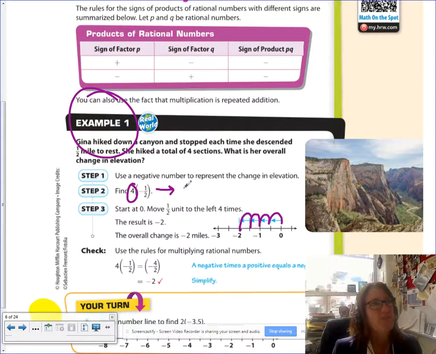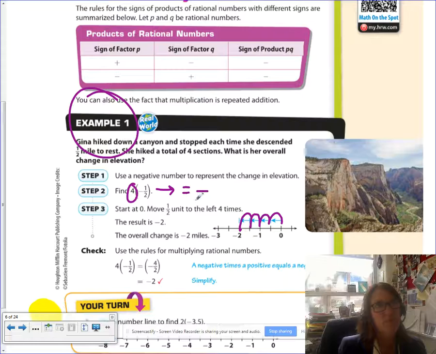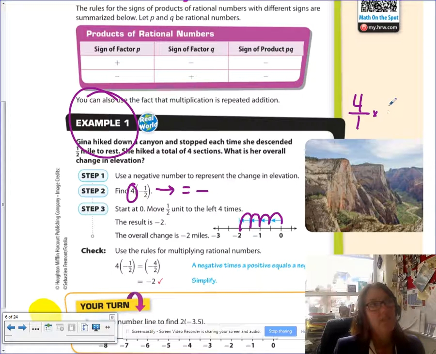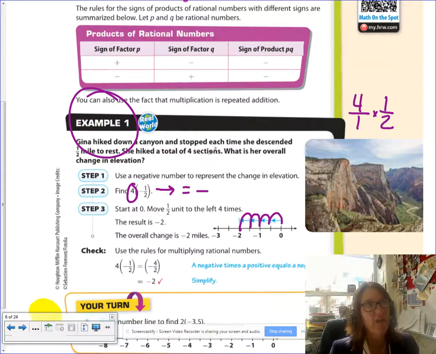Okay, 4 times -1/2, I know is going to equal a negative. All right, you take your pencil and write that right here. But up above the picture, let's do this. Write it as 4 over 1 times 1 over 2. I'm not including the negative sign because I've already taken that into consideration. Multiply. This means you're going to take 4 times 1 in the numerator and 1 times 2 in the denominator.